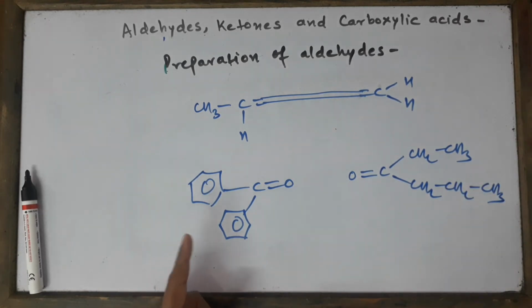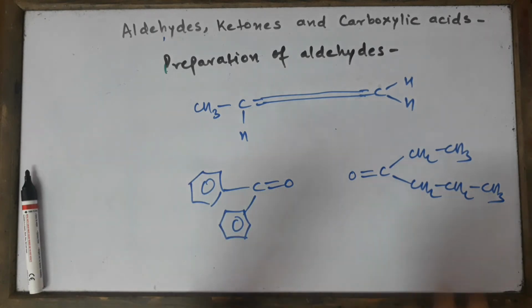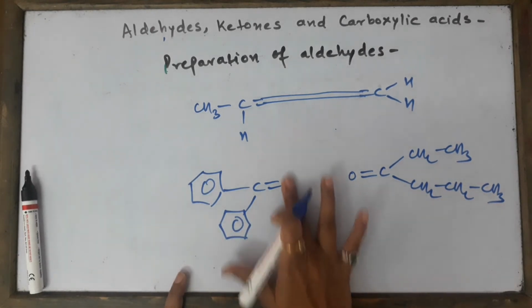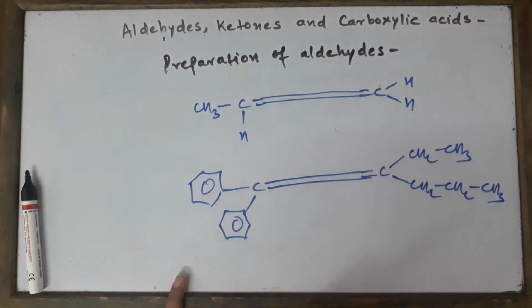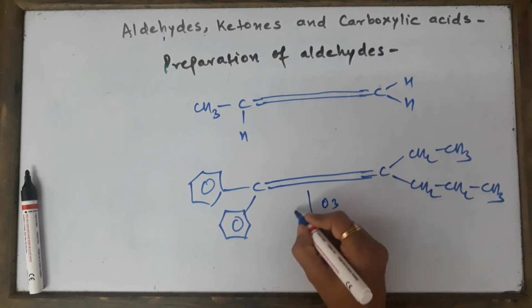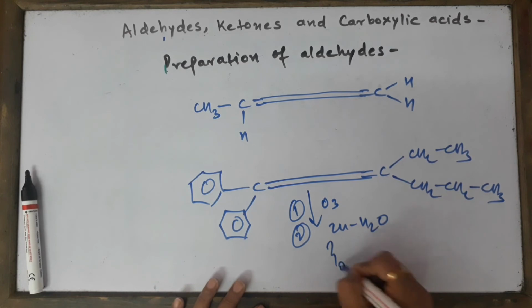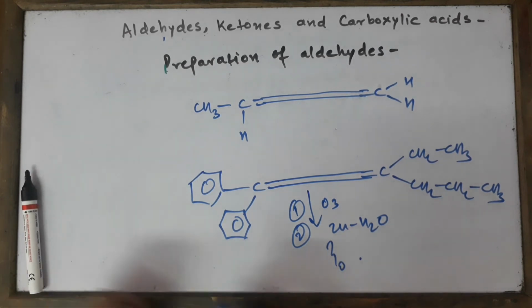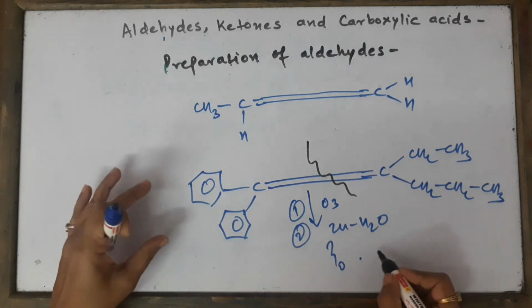That's your answer. This is the question which will be asked in the exam, or they'll give you the alkene and ask you to predict the products. Simple. Just break the bond and you will get the answer.